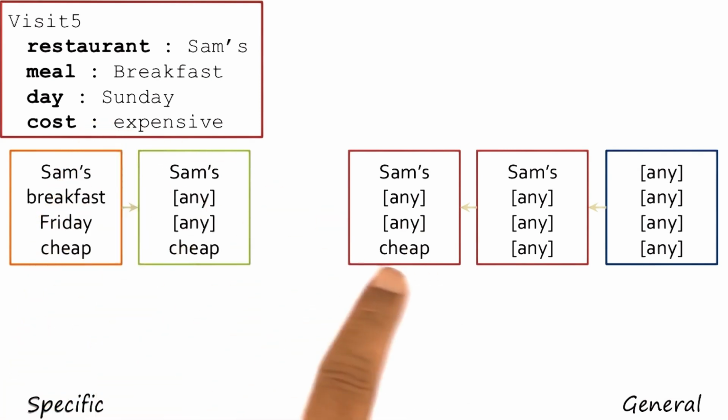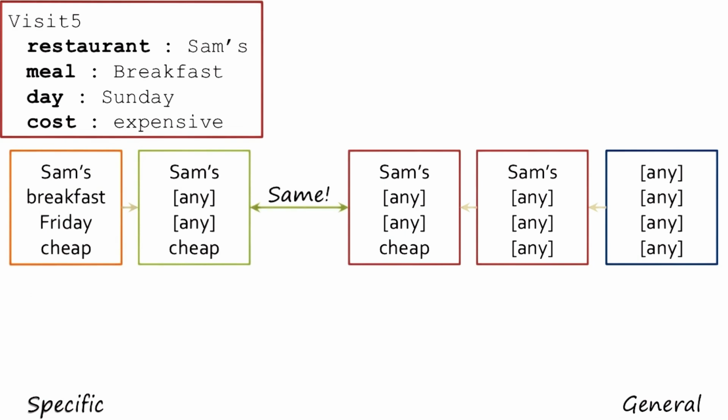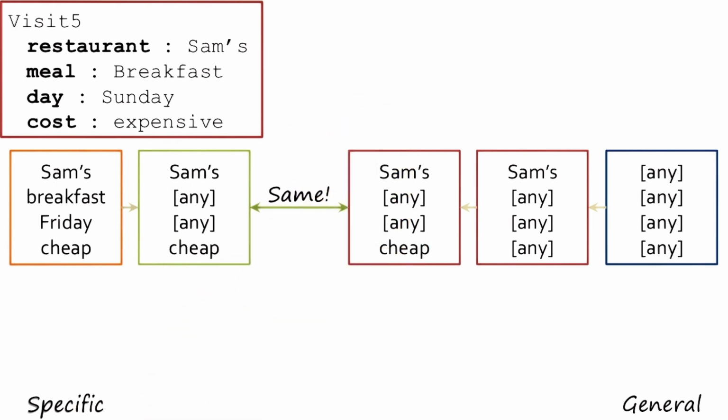It excludes this because it has cheap here that will rule out the fact that this is expensive here. Now the AI agent notices that these two particular concept characterizations are the same, and therefore convergence has occurred. Now we have the answer we wanted. I get allergies whenever I go to Sam's and have a cheap meal.